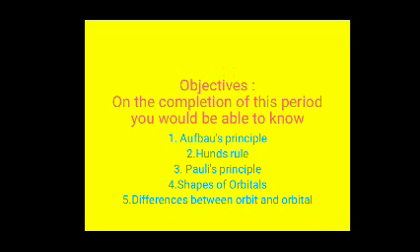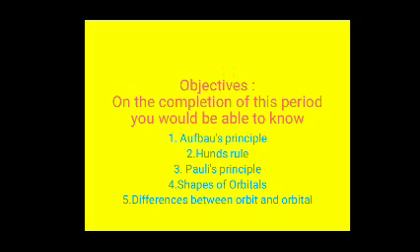In this hour, we discuss the electronic configuration of an atom. This electronic configuration is explained by various theories. Those are Aufbau's principle, Pauli's principle, and Hund's rule.